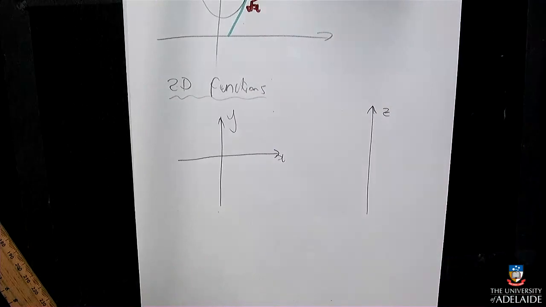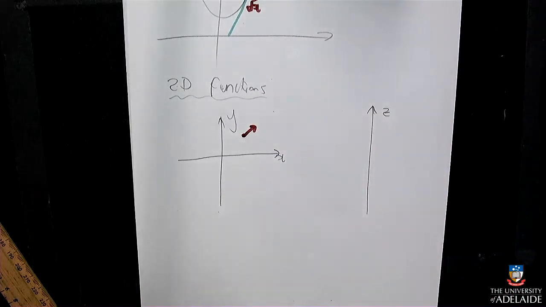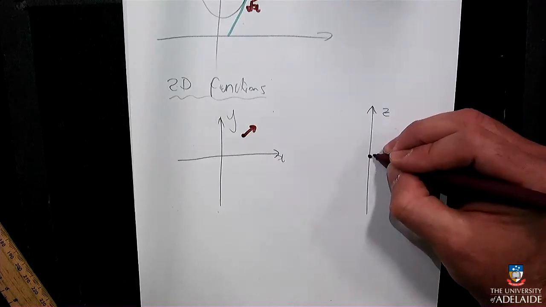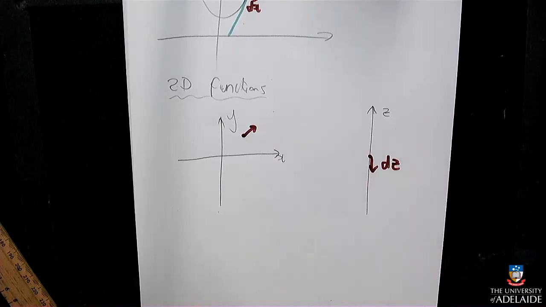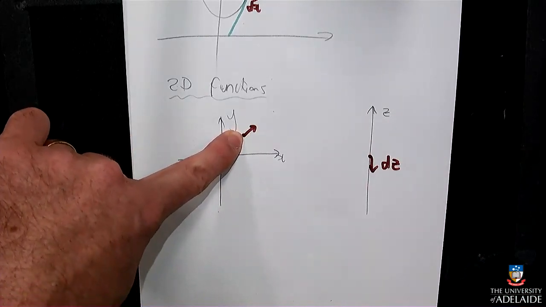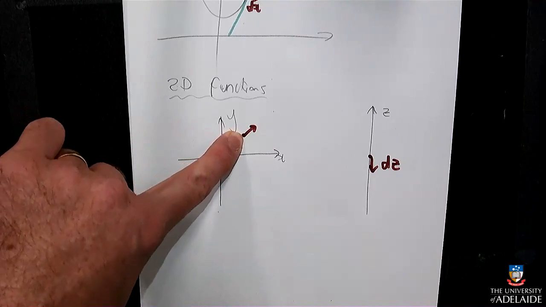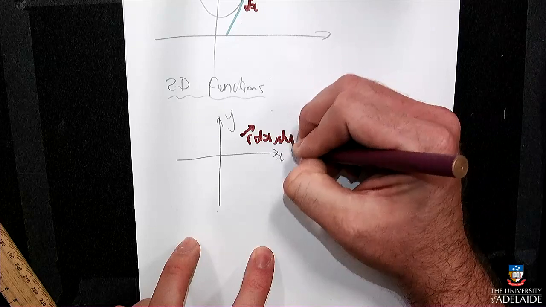And I can think, well, here I am, and I move a little bit in some direction, and that will cause my z to move in some direction. So this would be a change in z. And this thing here is both a change in x and a change in y. So this thing here is actually a vector made of a change in x and a change in y.